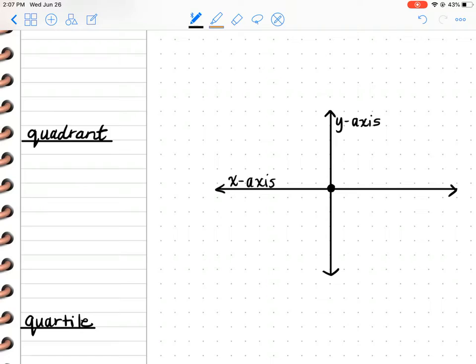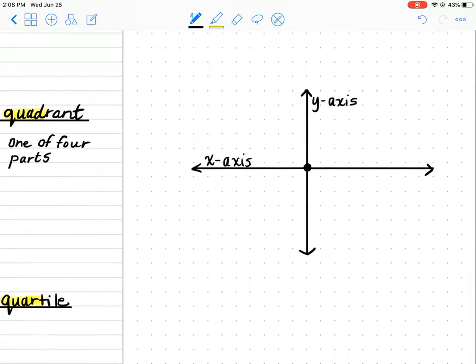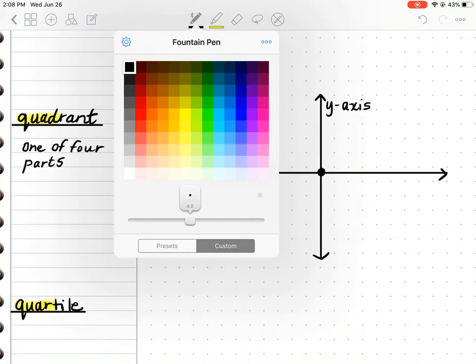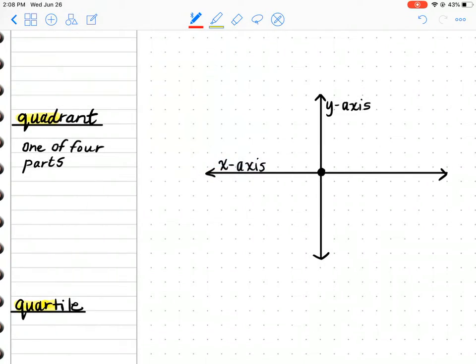The word can be used in other situations too, but quadrant is one of 4 parts. Anytime you see the prefix quad, or quar, that is referring to 4. So a quadrant is one of 4 parts. And if you are looking at a standard coordinate plane, this is called quadrant 1.